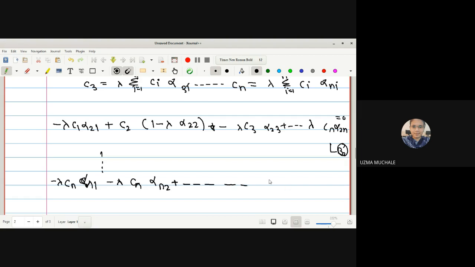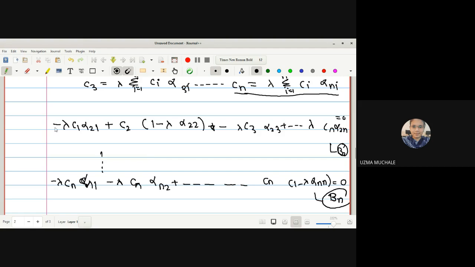The last term will be Cn times 1 minus lambda alpha nn. From this equation also there will be a term of Cn. Cn we can take common, and hence we can have this equation. Now we can rename this as some Bn.